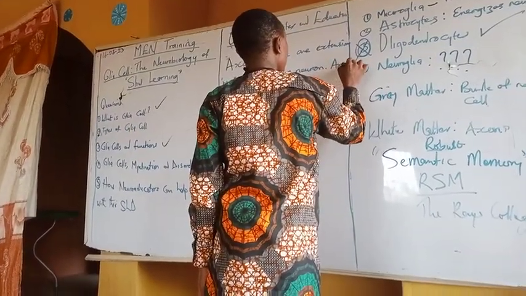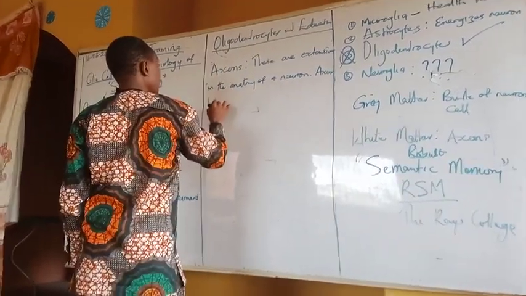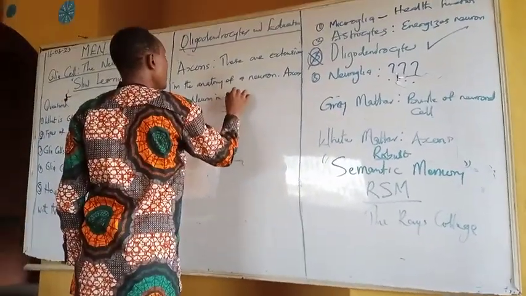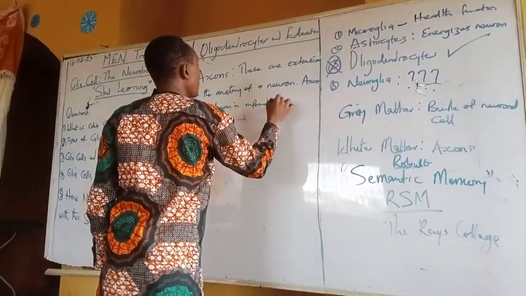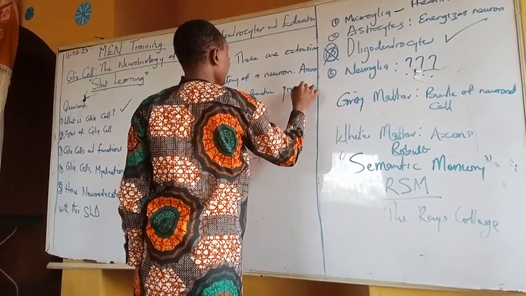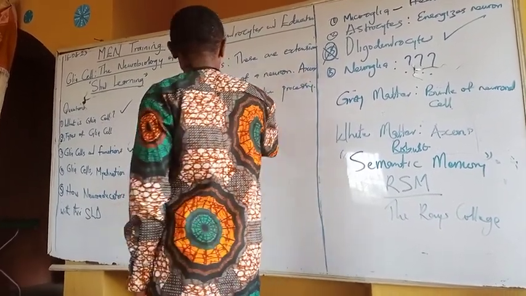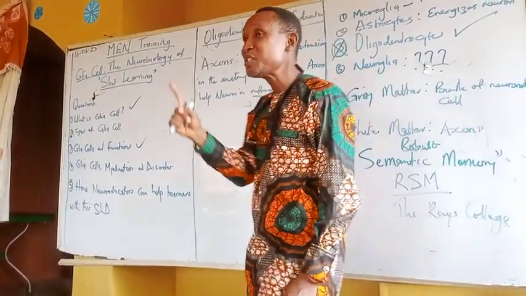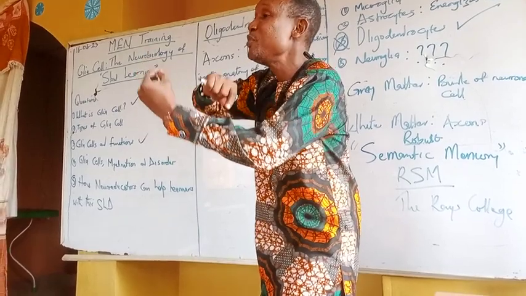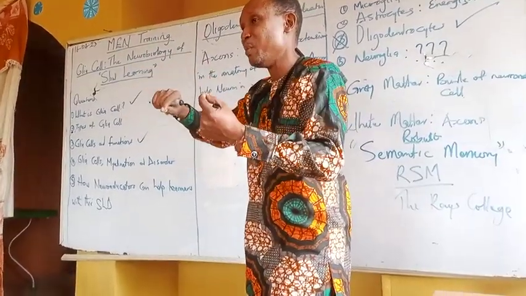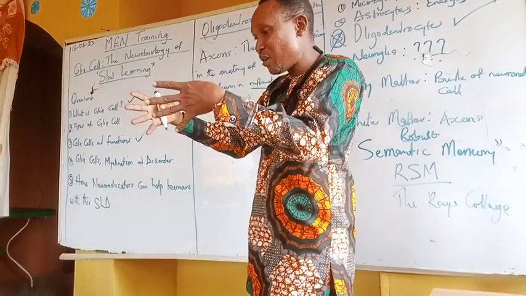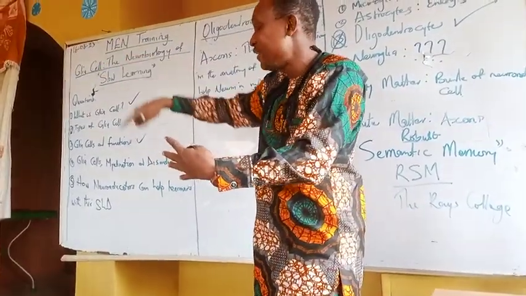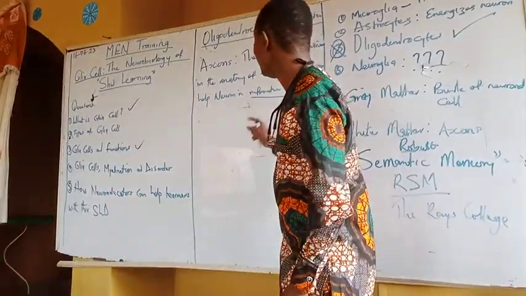Axons help neurons in information processing. That is the work of axons. The responsibility of axons is to help neurons process sensory information, so that the populations of neurons that are connected to education will be able to store any information, any semantic information and data.